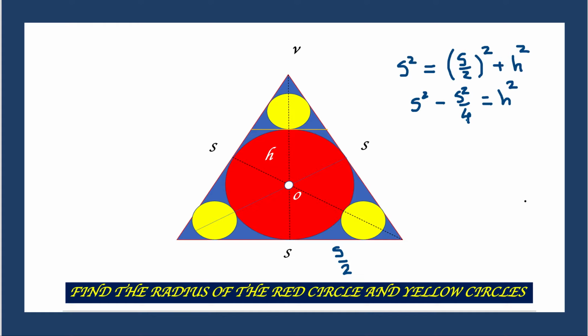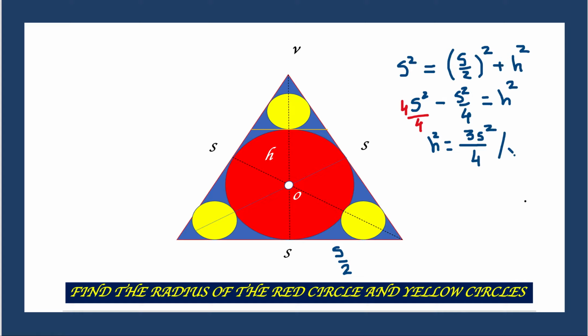And here we find the LCD for both of them, and to find the LCD is very easy. Here is a 4, times 4. So now we are making like fractions, and h squared is equal with the LCD 4: 4s squared minus s squared is 3s squared, over 4.